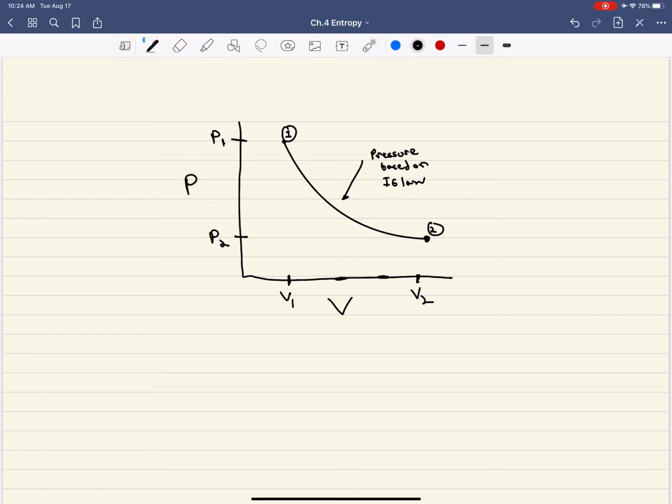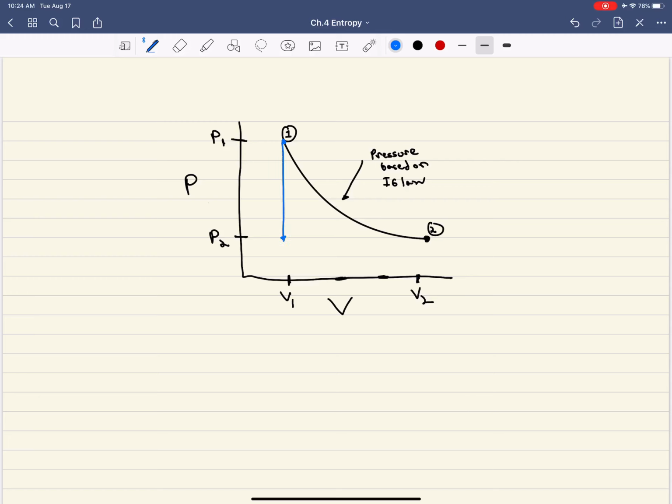In this pressure volume graph, we're starting at state 1, and then all we're doing is staying at the same volume, but lowering the pressure of our system down to pressure 2. Okay, so that's what we're doing.